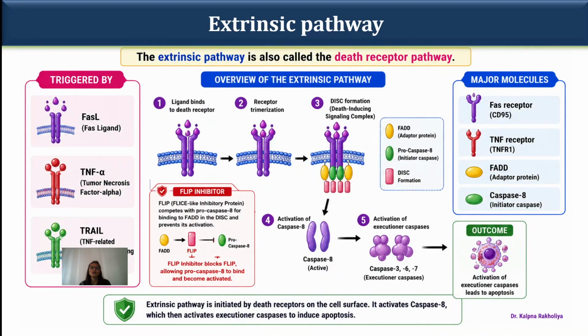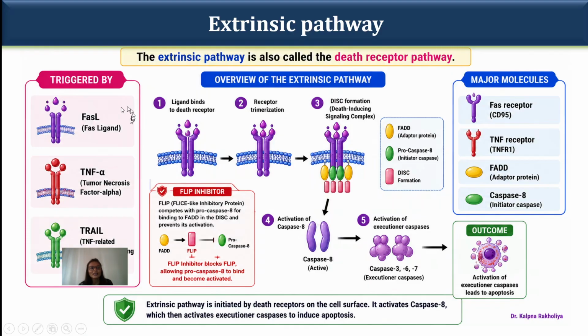Then let's talk about the extrinsic pathway. This is also called the death receptor pathway, in which the trigger molecules we already discussed are responsible for the extrinsic pathway. Here you can see that in the intrinsic pathway the mitochondria are involved, while in the extrinsic pathway the cell membrane is involved.